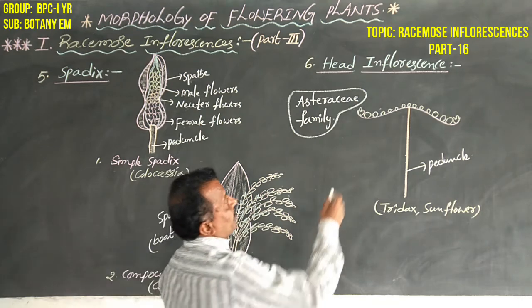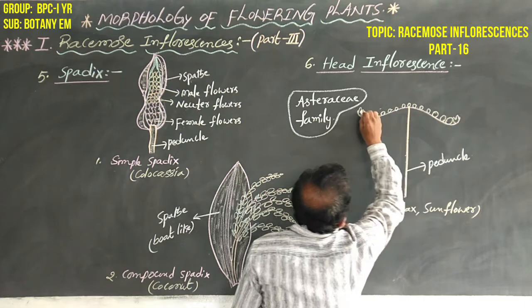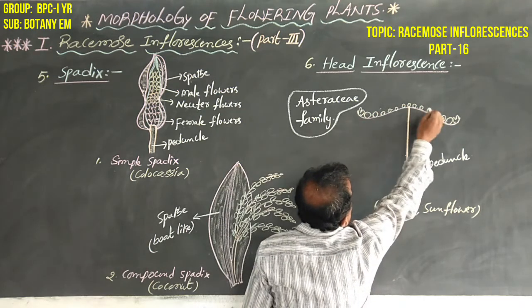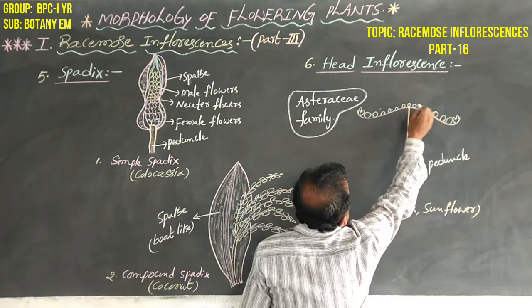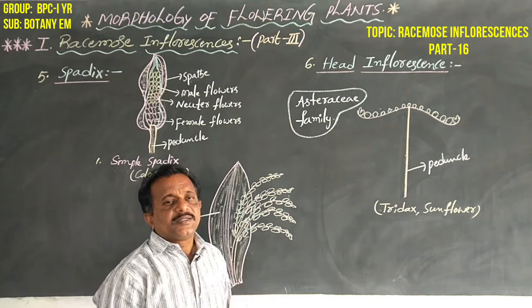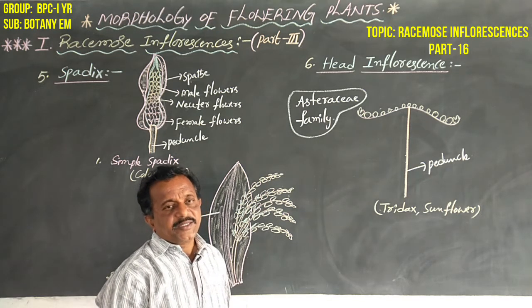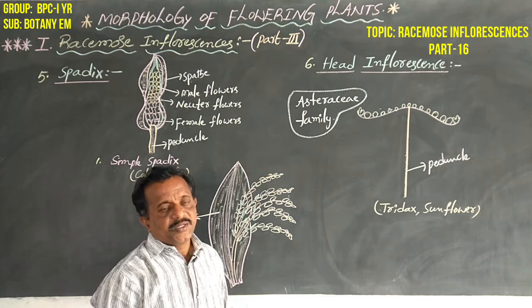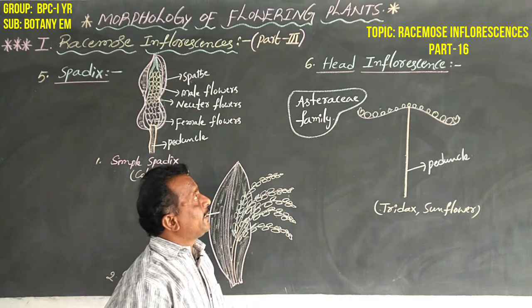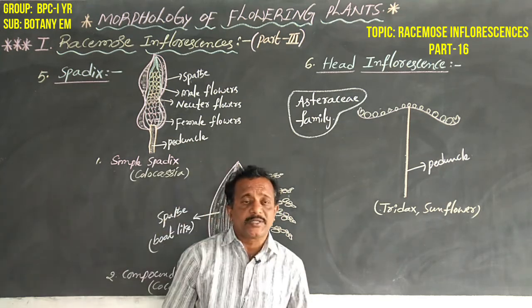Older flowers are present near the periphery, and younger flowers are present at the center of the peduncle. This is a head inflorescence.